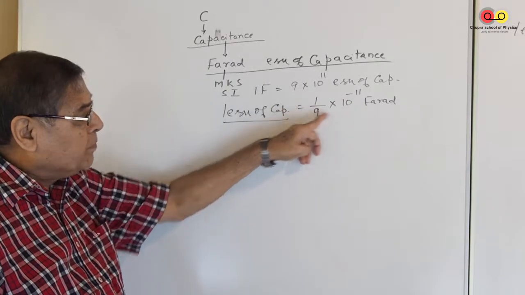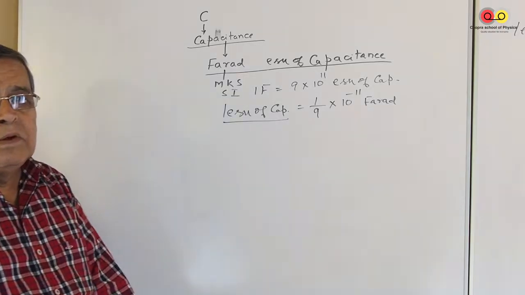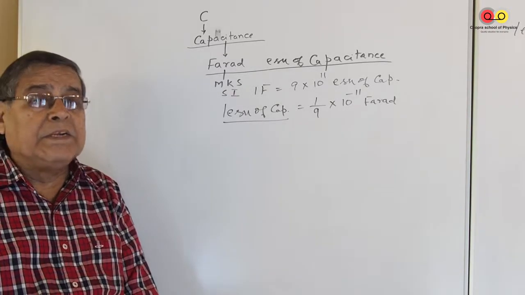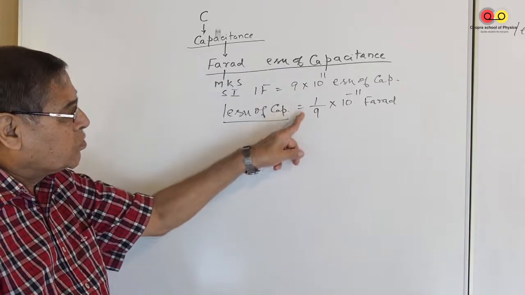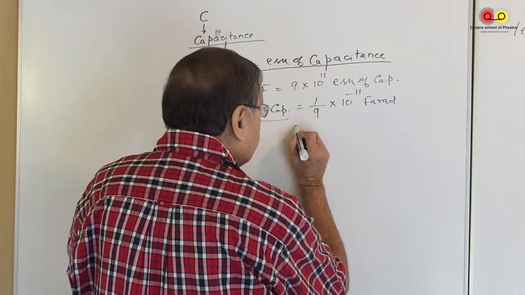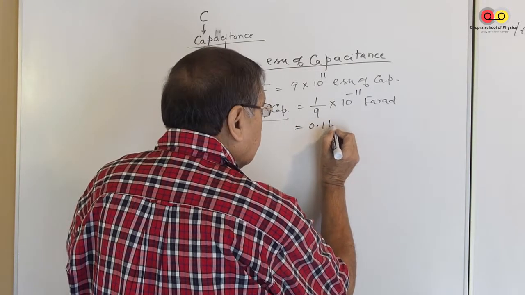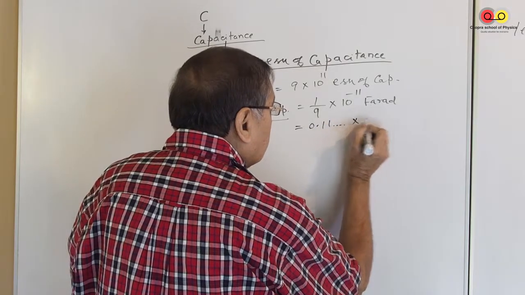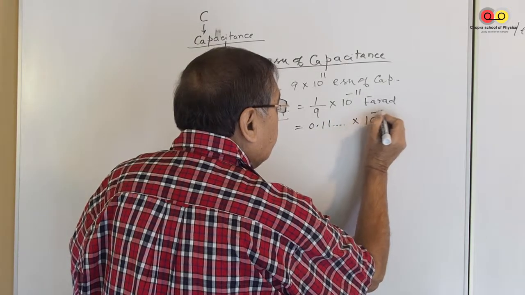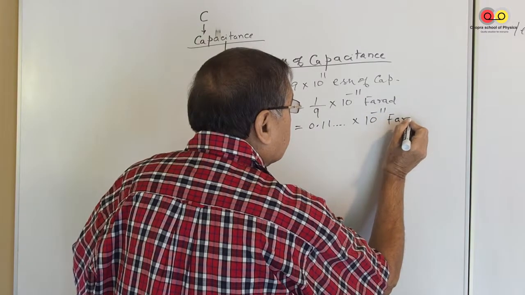But this is not a proper number. So according to the concept of significant digits, this is to be modified. Now 1 over 9 can be written as 0.11 and so on, multiplied by 10 to the power minus 11 farads.